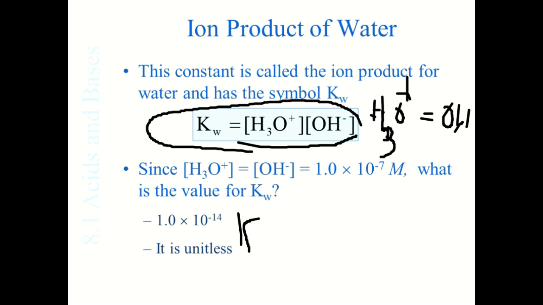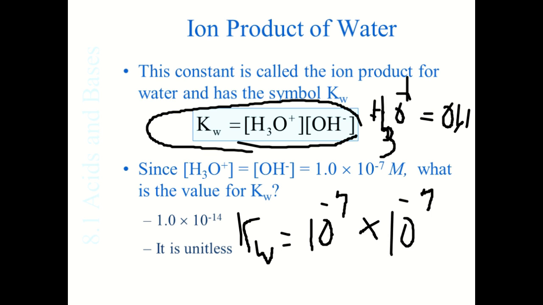If Kw is equal to 10 to the negative 7 times 10 to the negative 7, because if pH is 7, the H plus is simply 10 to the negative 7. I'll show you how to do that in a minute. But think about this. At pH 7, what would Kw be? It will be 10 to the negative 7 times 10 to the negative 7, which is 10 to the negative 14. And that's what this number is.